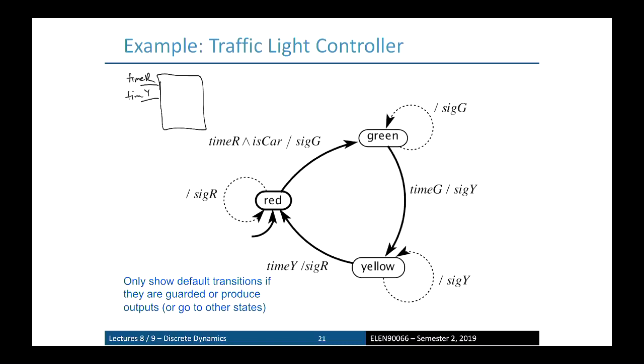I've got my ordering wrong. So time red, time yellow, time green, and also there's an additional input called is_car.